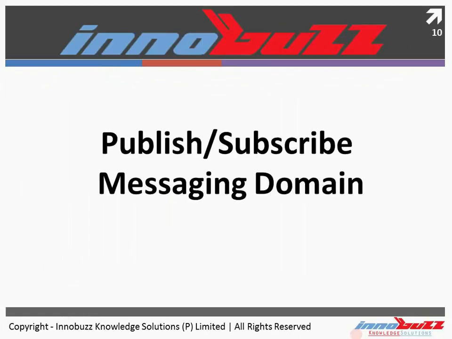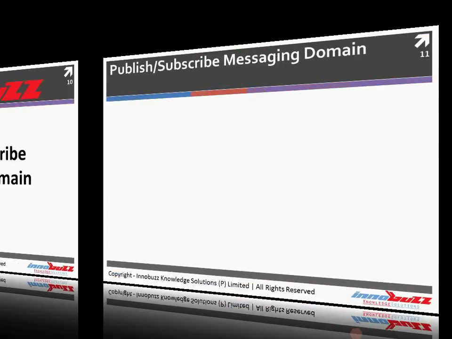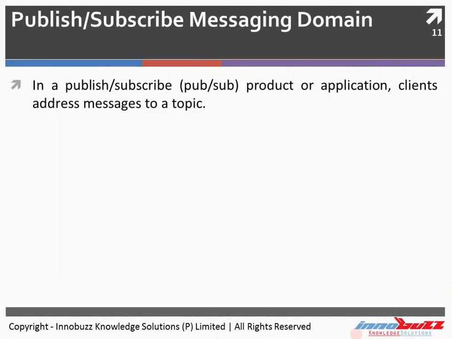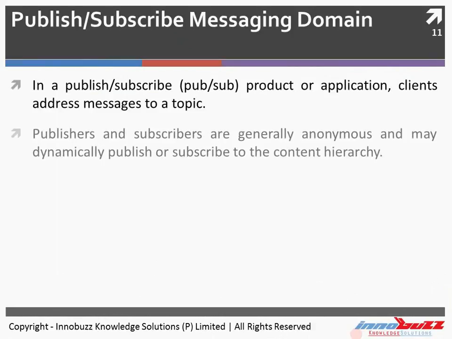Publish or subscribe messaging domain. In a publish or subscribe product or application, clients address messages to a topic. Publishers and subscribers are generally anonymous and may dynamically publish or subscribe to a content hierarchy.